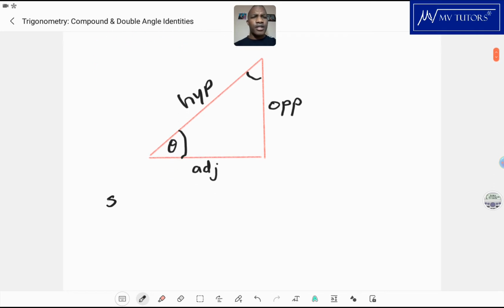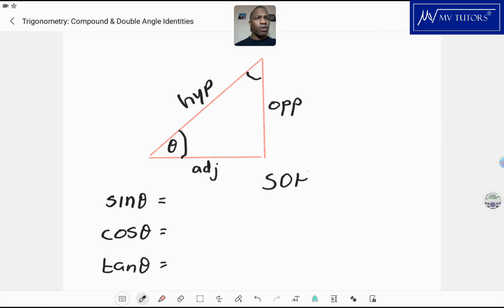So we know that sine theta we'll have to define, and we'll have to define cos theta as well. We also have to define tan theta. Now these are the very basics. What we use is what we call SOH CAH TOA, as in soccer, just the spelling is different.